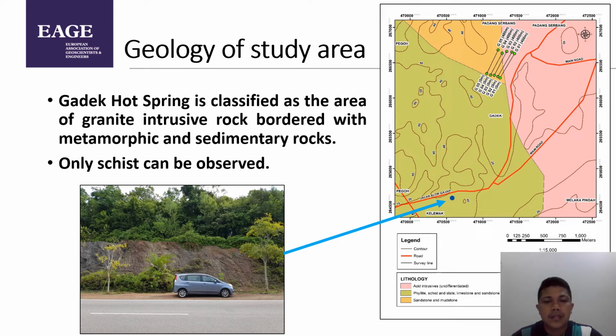The picture shows an example of an outcrop that can be observed at the site on the way to Gadek hot spring. This is the schist outcrop that can be observed nearby the hot spring of Gadek.